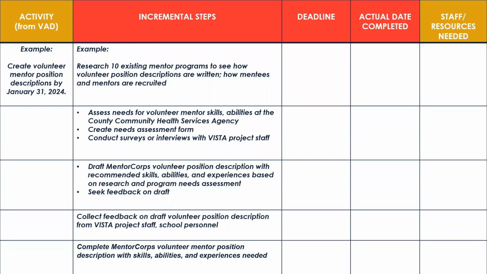And then with those first 1, 2, 3, 4 incremental steps, that leads us to the 5th step, which is getting his position descriptions drafted, getting feedback on them, and then finalizing them by the deadline.